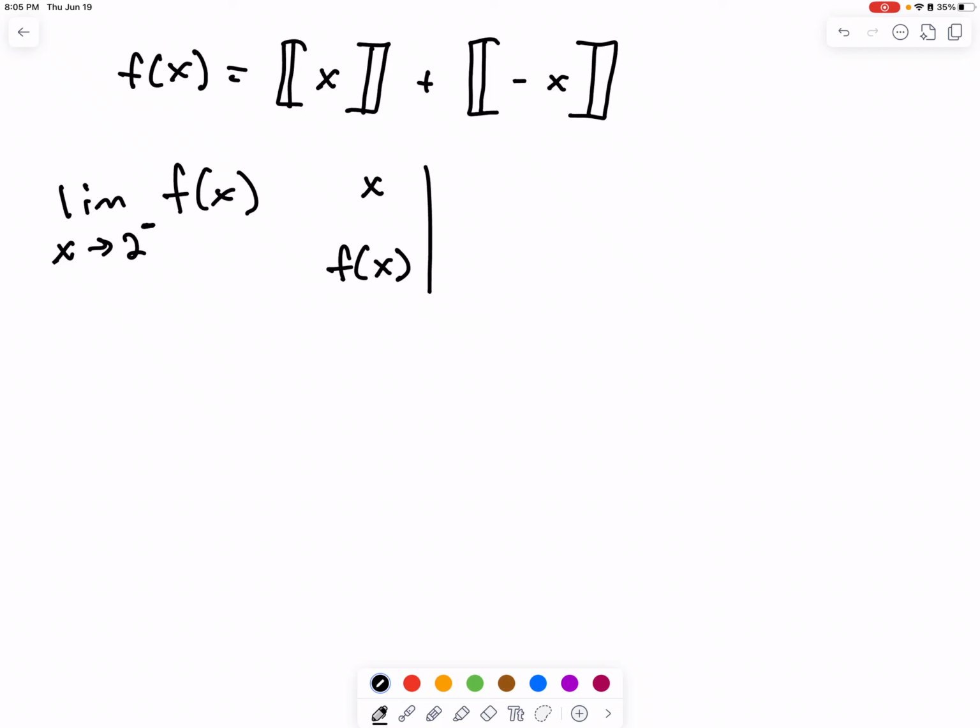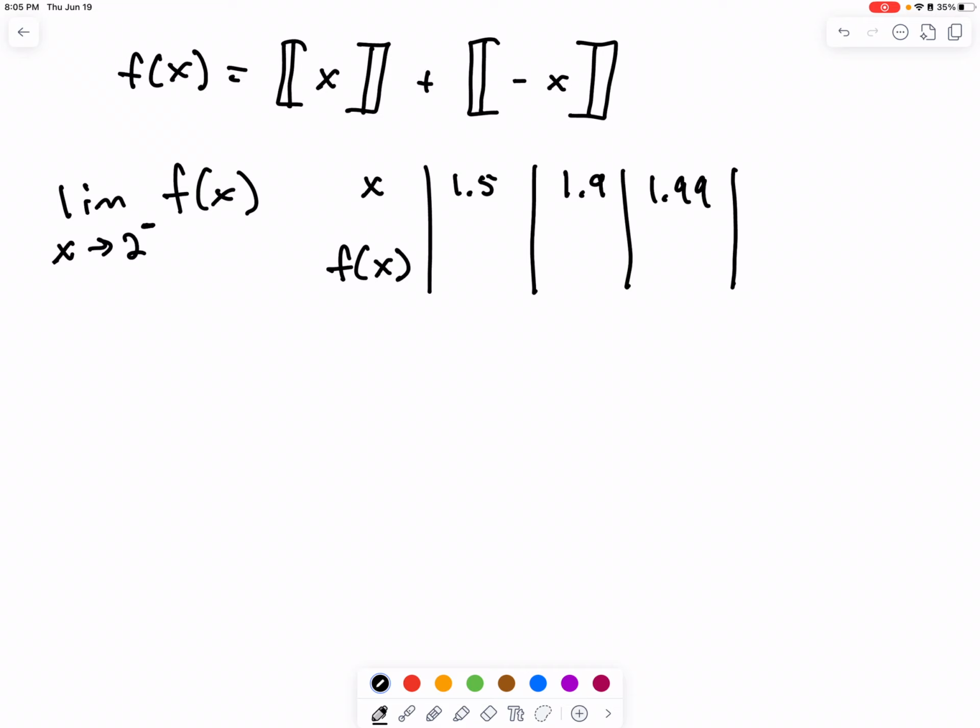So we might start with when x is 1.5, find the corresponding y. And because it's a step function, I see it now, I think it's coming together. When x is 1.5, and then when x is 1.9, and then when x is 1.99.